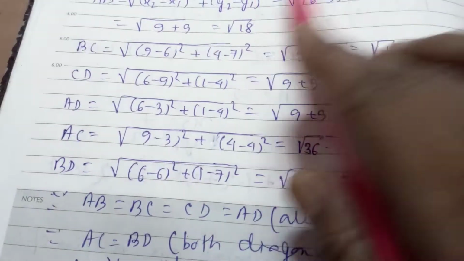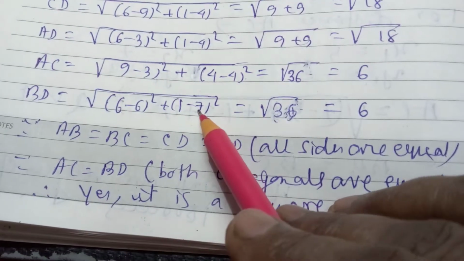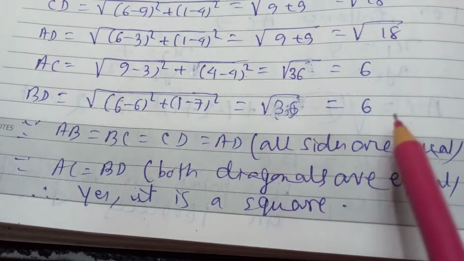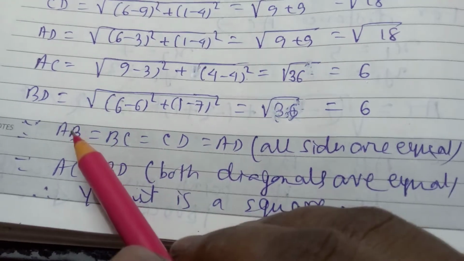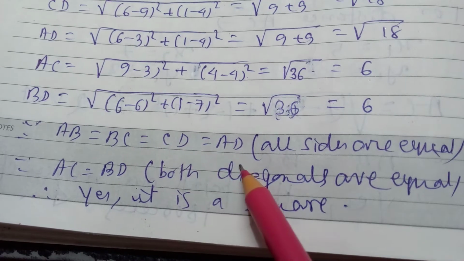Now BD equals (6 minus 6) square plus (1 minus 7) square. 6 minus 6 is 0. 1 minus 7 is minus 6, squared is 36, root 36 which will be 6.